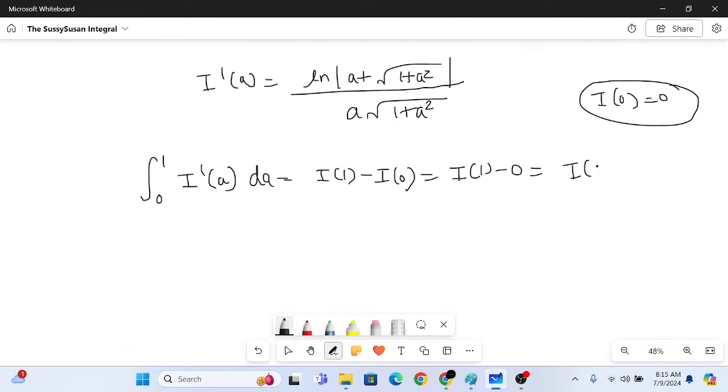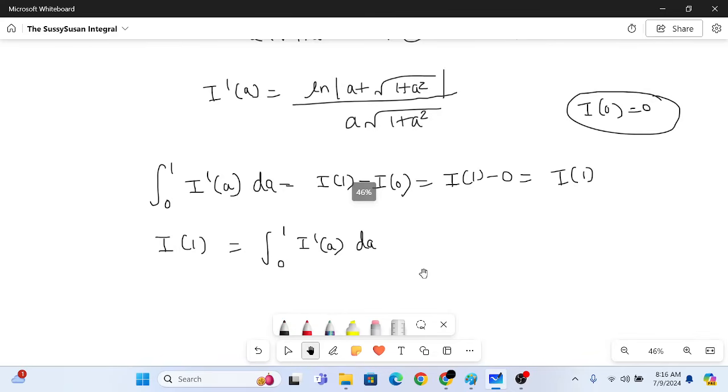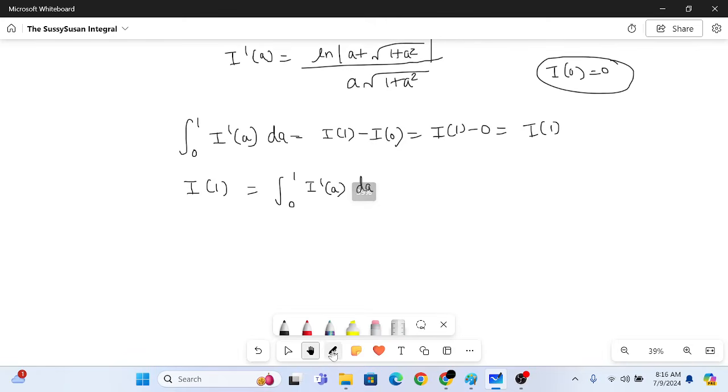Yes, so in our goal of finding I of 1, what I can try to find is the integral from 0 to 1 of I dash of a dA. Let me try to find that now. We know that I dash of a is just ln of a plus square root of 1 plus a square, by a times square root of 1 plus a square, dA.